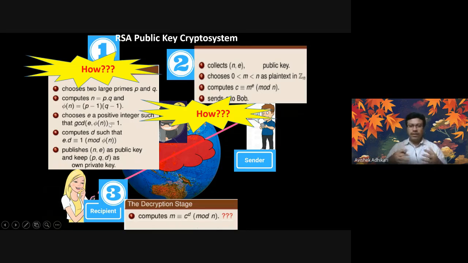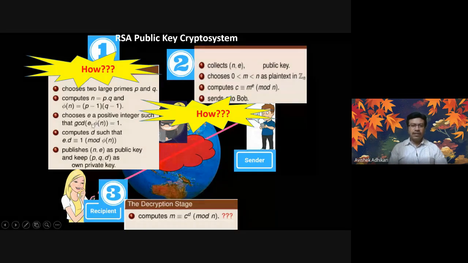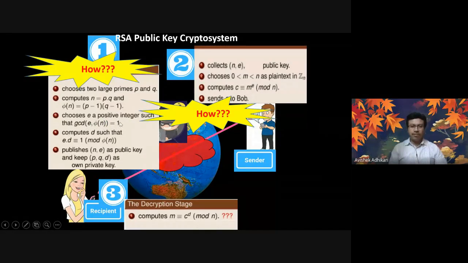You are dealing with big numbers, more than 900 digits long for p, and if you multiply p and q, which is of the same size, then n will be around 1800 digits long. So phi n is also very big. In that case, how do we find the GCD of two numbers? That's also very important. In this talk, we will describe how we can do it very easily by using an algorithm.